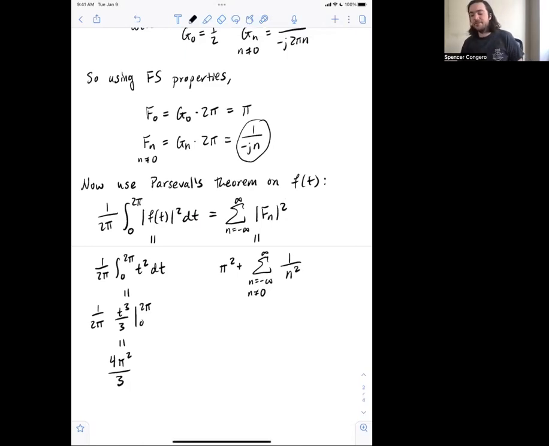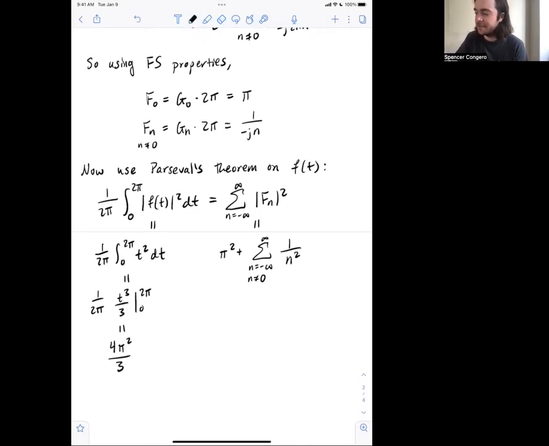That's the magnitude squared of that function. It's 1 over the magnitude of n squared, but n is a real number, so magnitude of n squared is just n squared. If n is negative, negative n squared is still n squared. So that magnitude squared is just 1 over n squared.